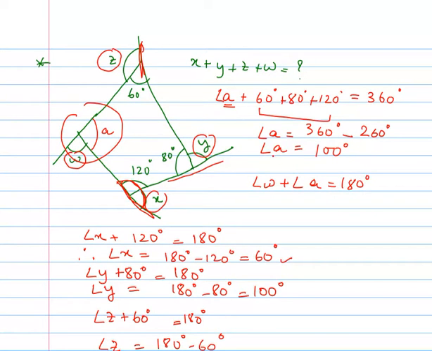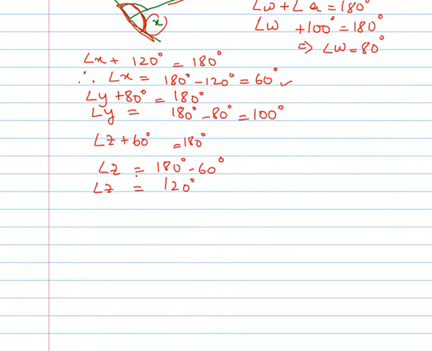Because angle A we know is 100 degrees, therefore we can say that angle W is 80 degrees, right?